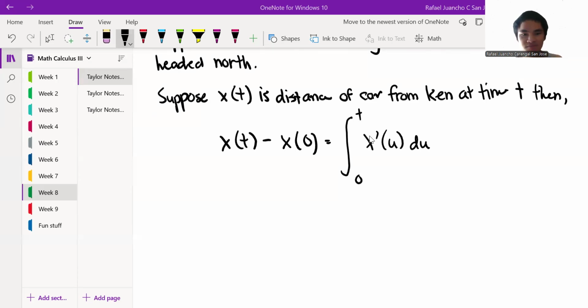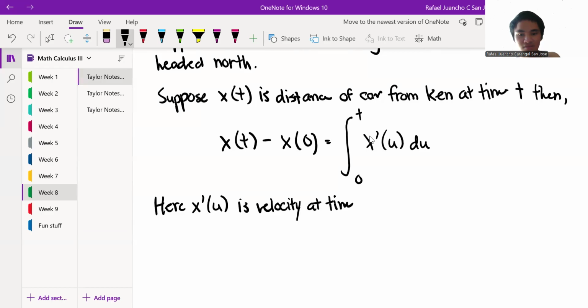So here, we see that x prime of u is actually the velocity, or the derivative. And when we integrate, it goes back to its position function, at time u.